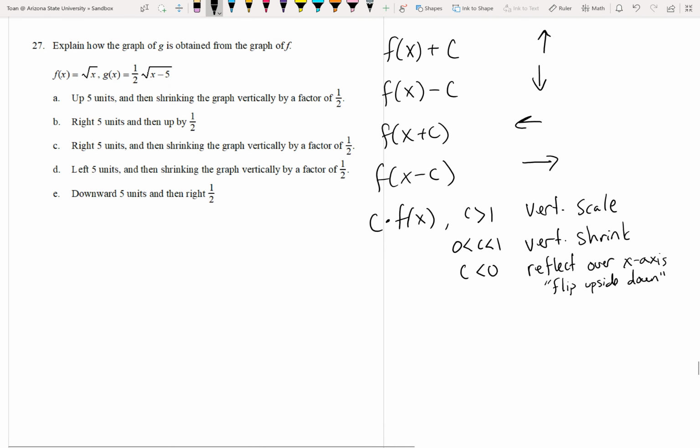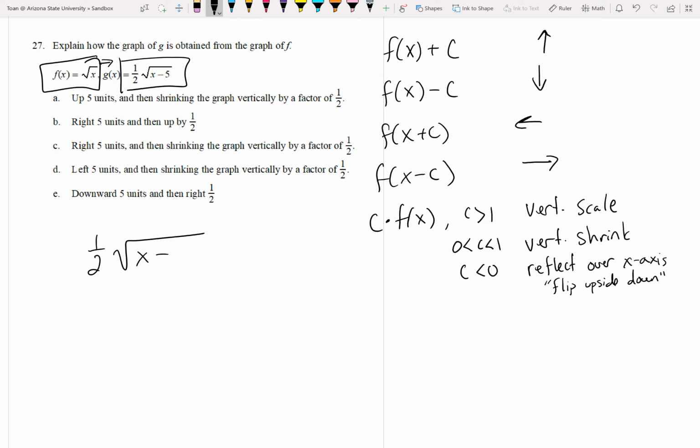Number 27, function transformation question. When it comes to function transformations, you either know it or you don't, so I wrote it over here on the right-hand side. This is just reading. So can you spot the function transformations? Going from this function to this function here, hopefully we can see that the only difference was the 1/2 in front and the -5 on the inside.